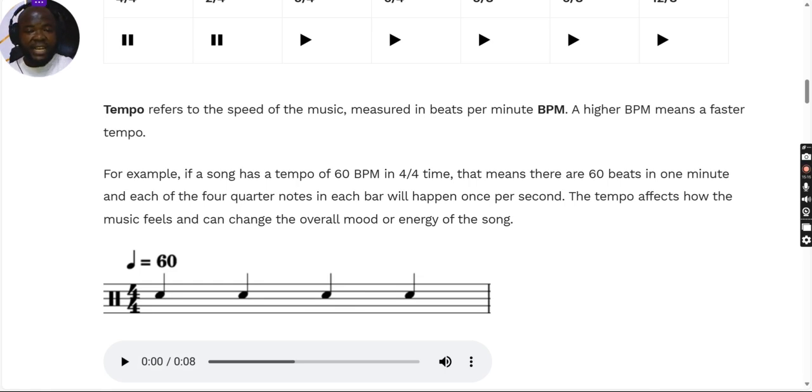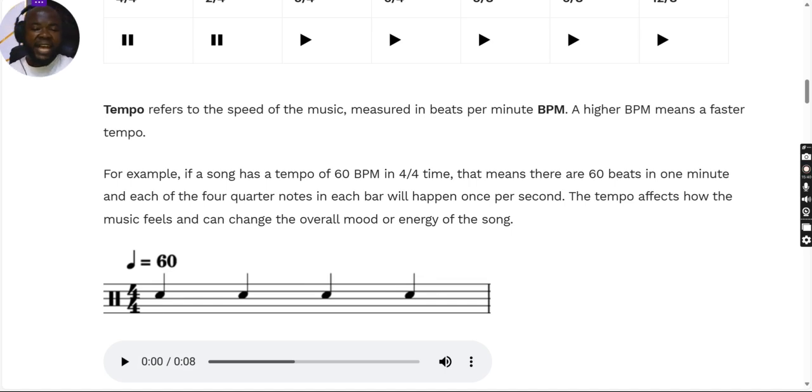For example, if a song has a tempo of 60 beats per minute in a 4/4 time, that means there are 60 beats in 1 minute, and each of the quarter notes in each bar will happen once per second.